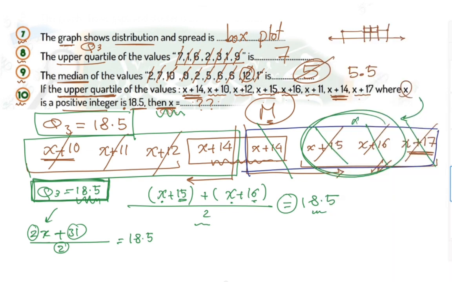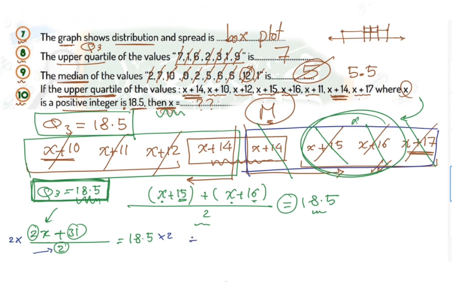To find the value of x, I will start with this 2. To end the problem of this 2, I have division, so I will use multiplication. I will multiply by 2 on both sides, right and left.